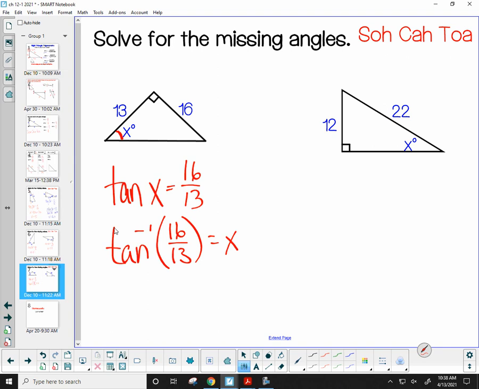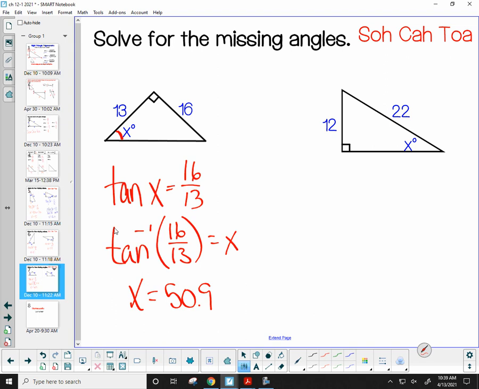What do you get? 50.9, which I said is going to be between 50 and 51. So obviously this is way more specific. Finding the angles is the easiest. You don't have to cross multiply, you don't have to figure out where you're multiplying or dividing.